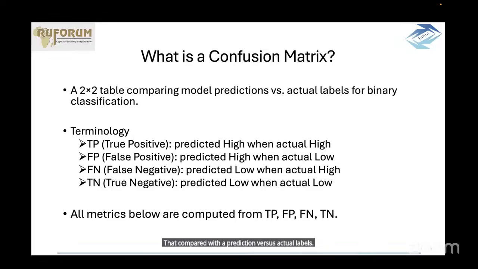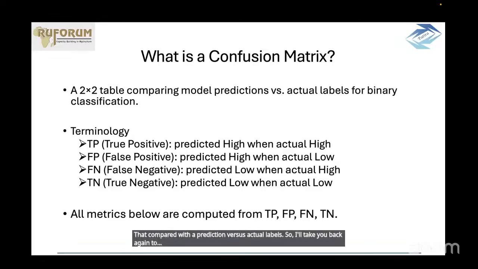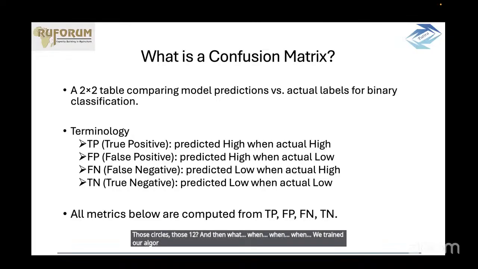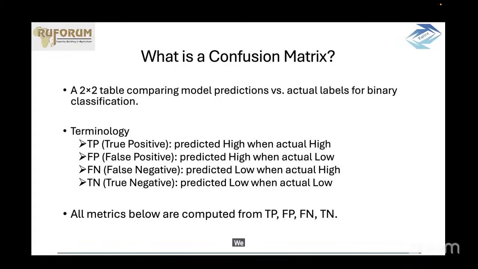So I'll take you back again to what I presented in those circles, those 12. When we trained our algorithm, we left them out, we tested on them, and then you compare what was in Y and what was predicted.